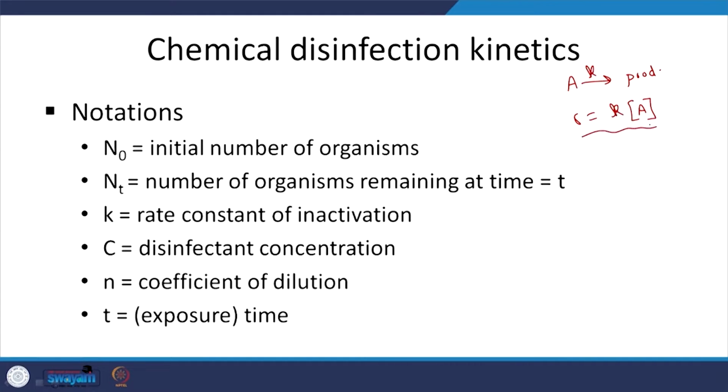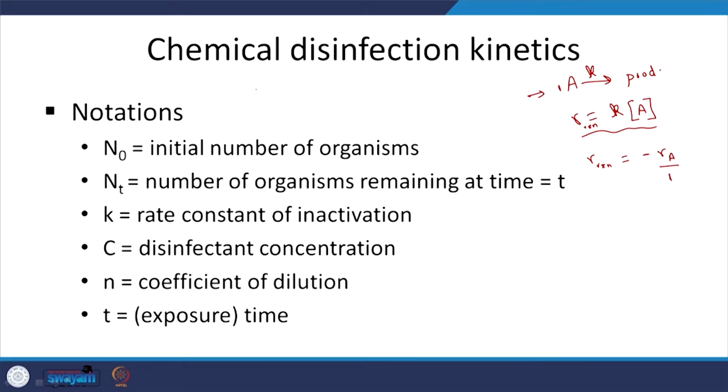And how is the rate of the reaction going to be equivalent to the rate of A? Because it's loss, you can say rate of A divided by the stoichiometric coefficient of A. The stoichiometric coefficient of A here is 1. So that's what you have. Similarly, in the context of disinfection kinetics, we use a similar principle.